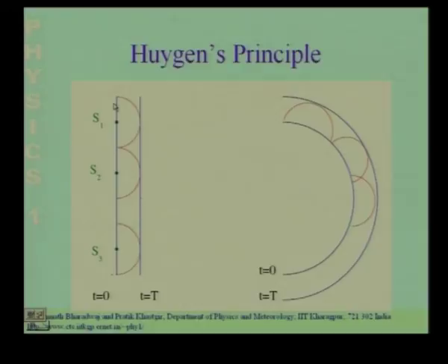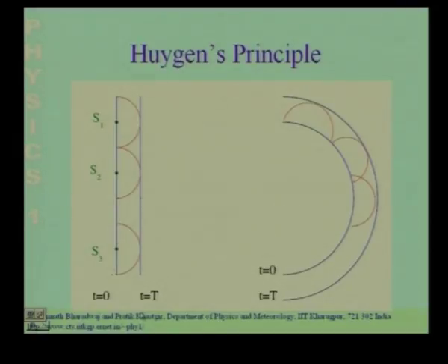So, we should draw a secondary wavelet originating from each of these sources. At a later time t equal to capital T, the secondary wavelet emitted from this particular source looks like this, and we are supposed to do it for all the sources, every point on this wave front.